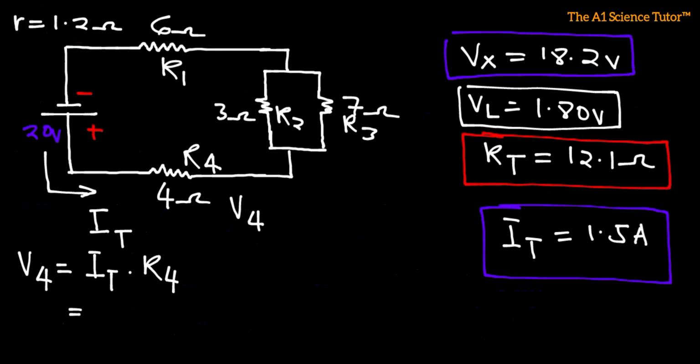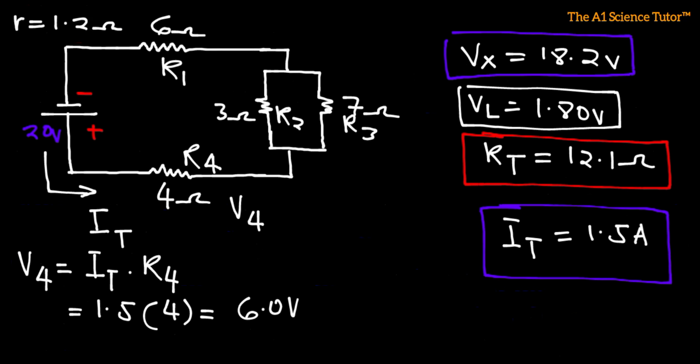Now we know what IT is. IT is 1.5 and R4 is 4. So if we multiply 1.5 by 4, that will give us 6. So we have 6.0 volts being dissipated over R4.